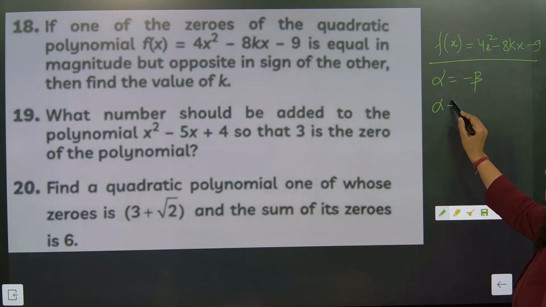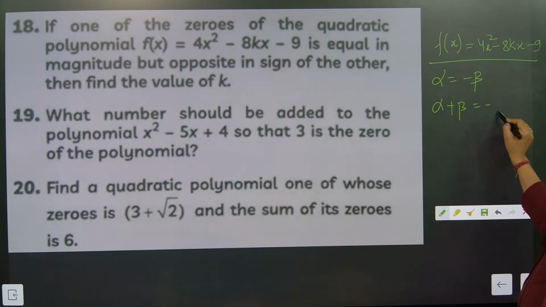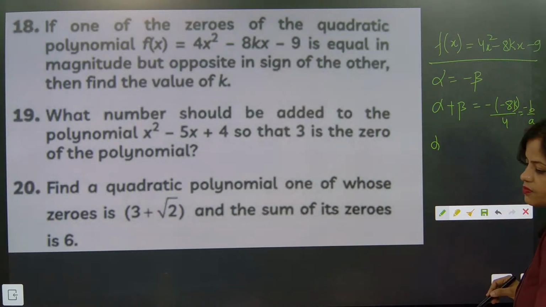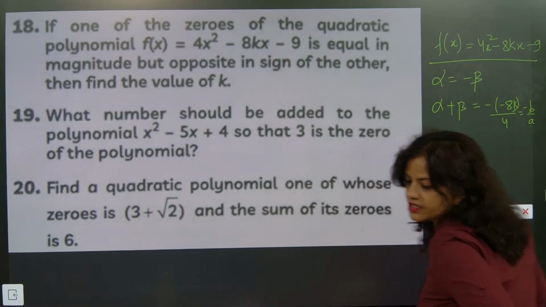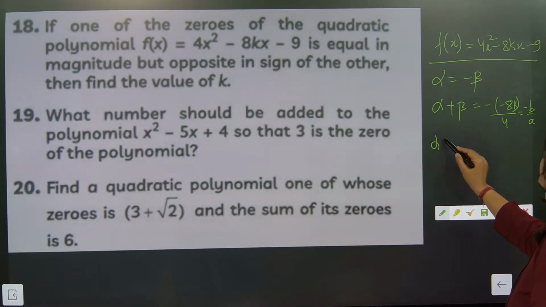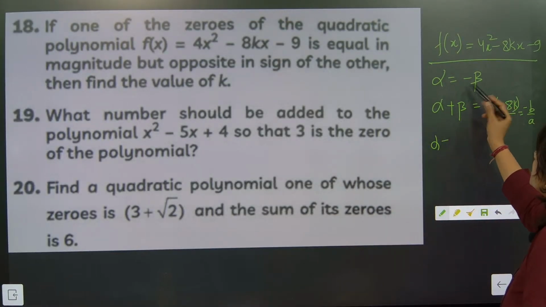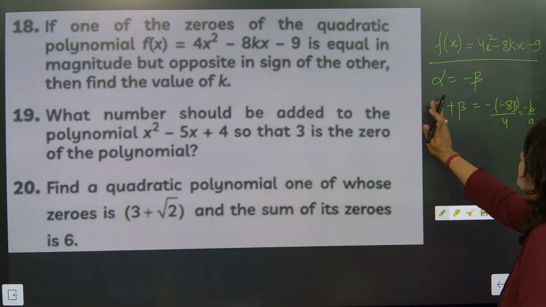See, alpha plus beta, the sum of the zeros, is minus b by a. Here alpha cancels, but 8k is there. Minus into minus will become plus. Here alpha is equal to minus beta, so instead of alpha, I can write minus beta.